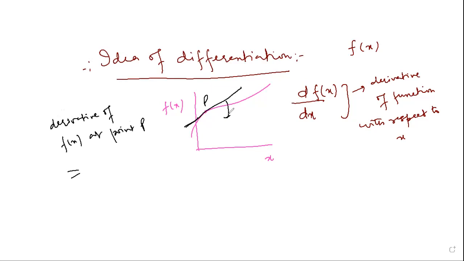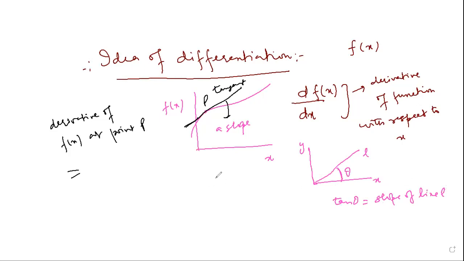Now this is tangent at point P, this tangent will have a slope. What is slope? If I have some line and it makes angle theta with the positive x-axis here, now tan of theta is called slope of, let this line have a name, line L. So tan of theta is slope of line L, right?